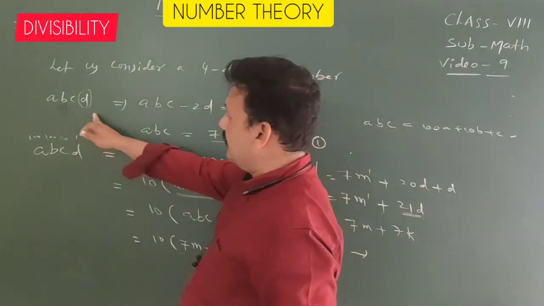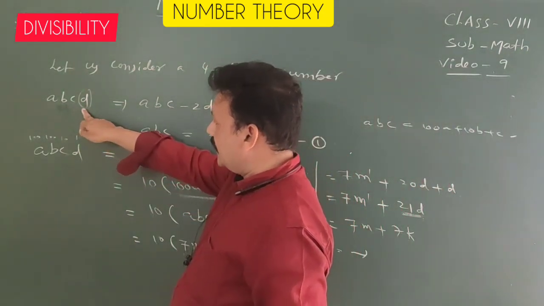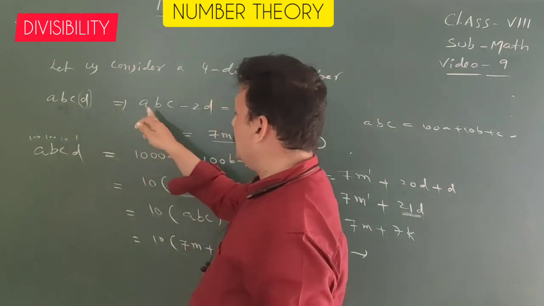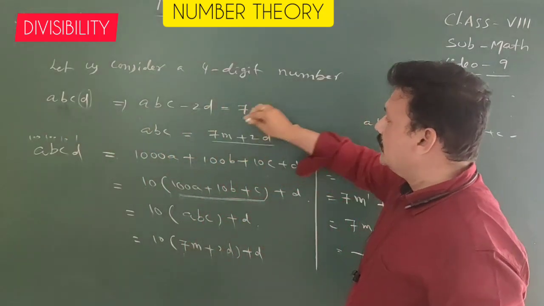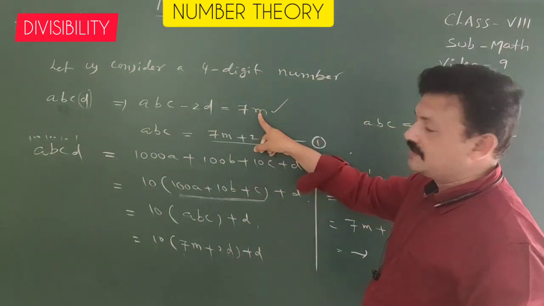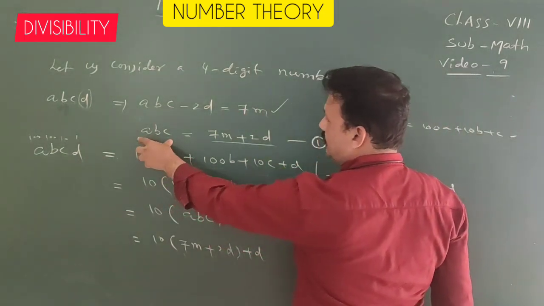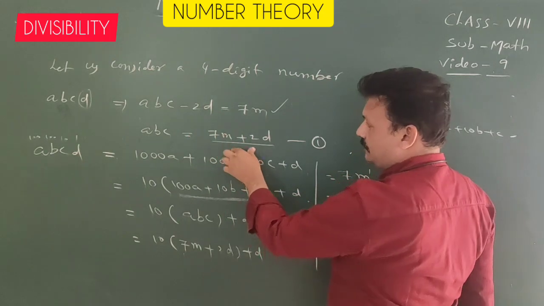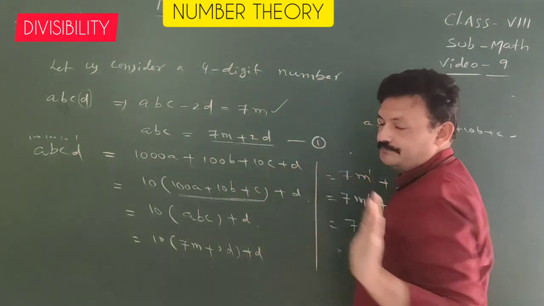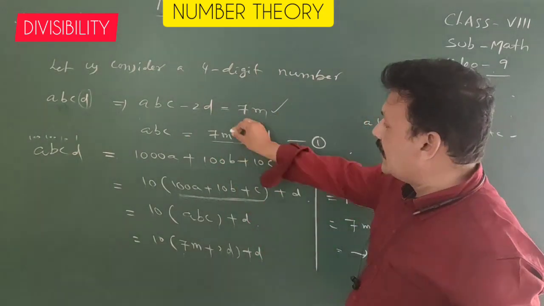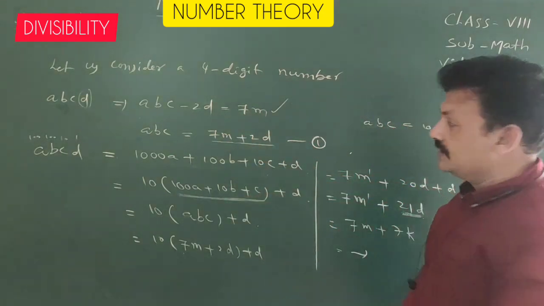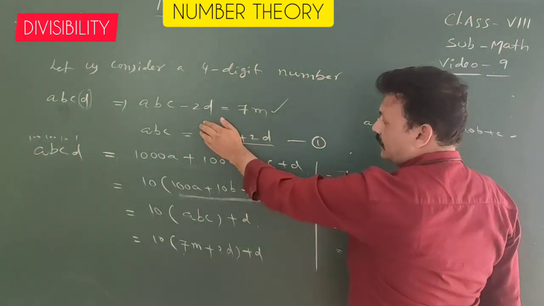Here ABC minus 2D equals a multiple of 7. Here M means multiple, 7 multiple. So ABC equals a multiple of 7 plus 2D. Don't consider M as a variable.